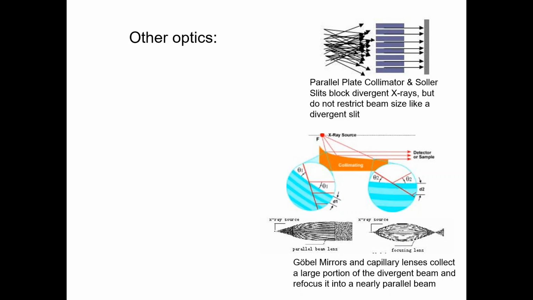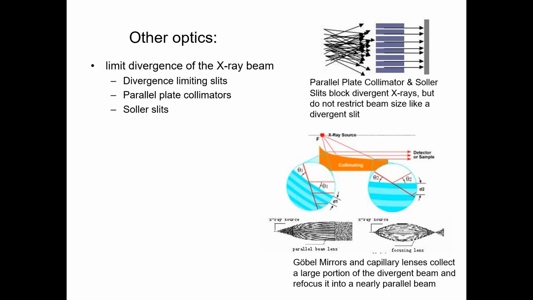Other optics that we utilize to limit the divergence of the X-ray beam are divergence limiting slits, parallel plates, collimators, and Soller slits. All of these you can visualize here.